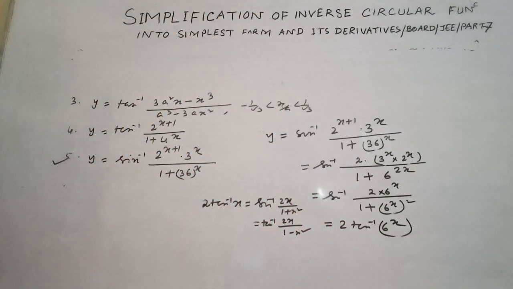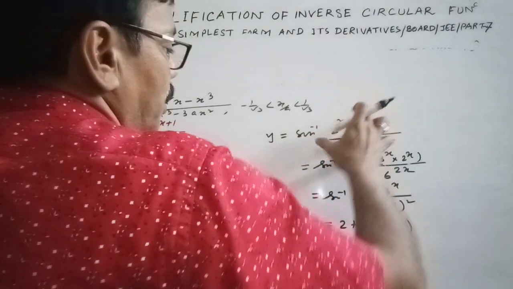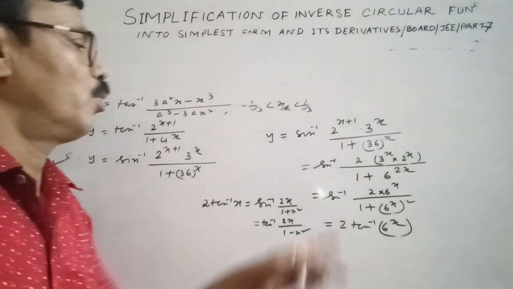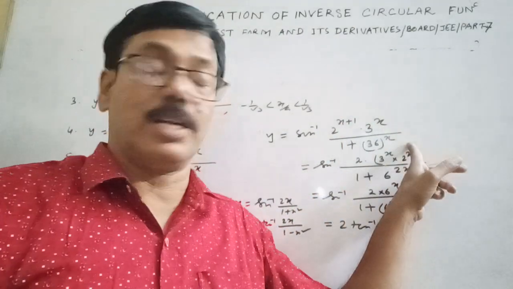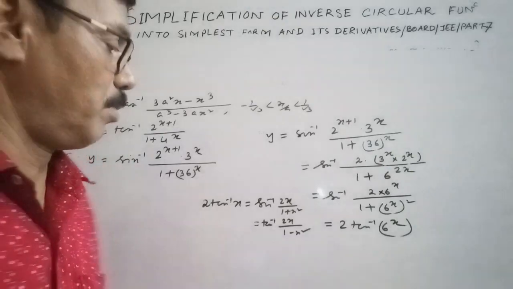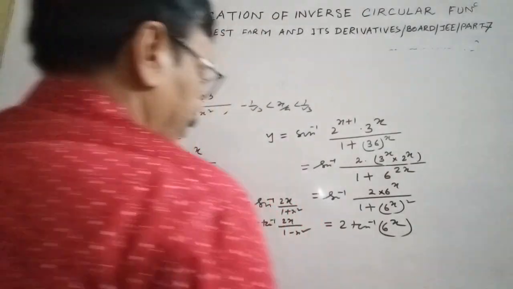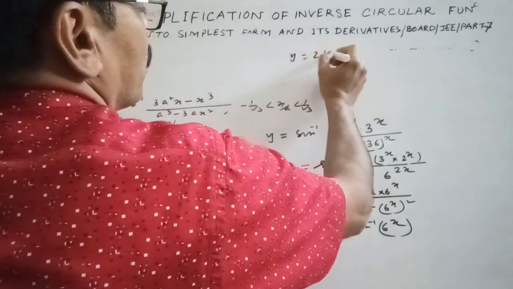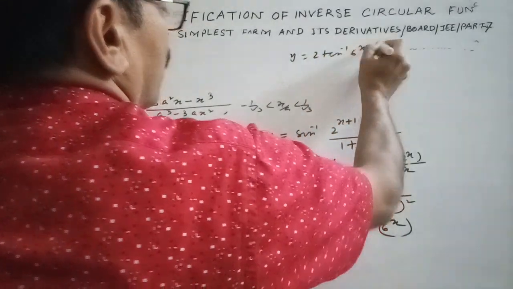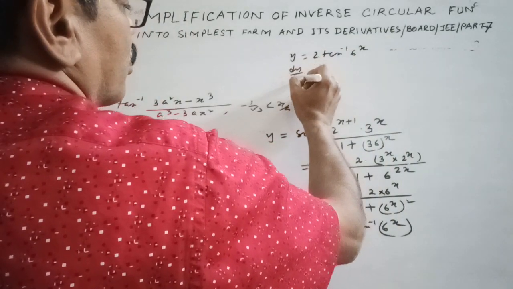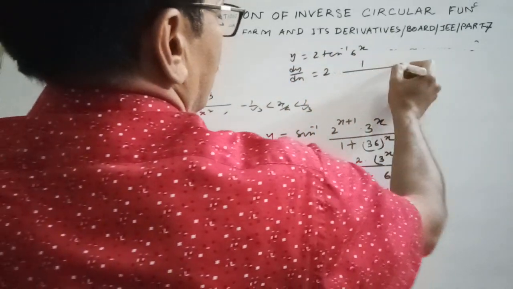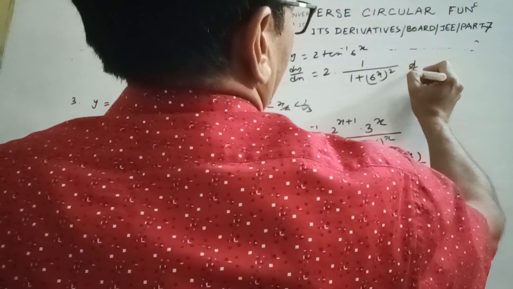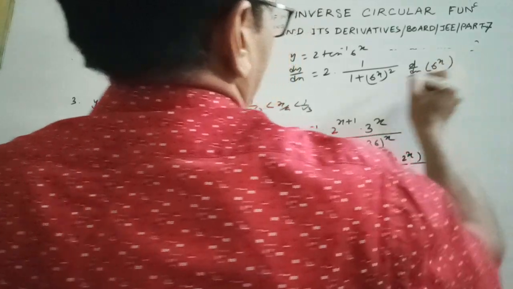So look, if we use derivative of sine inverse x, the argument is not simple: 1 by root under 1 minus x square, then ddx of argument. But look here, y equals to 2 tan inverse 6 to the power x. So what is dy dx? 2 unchanged, derivative of tan inverse x is 1 by 1 plus x square, then ddx of 6 to the power x.